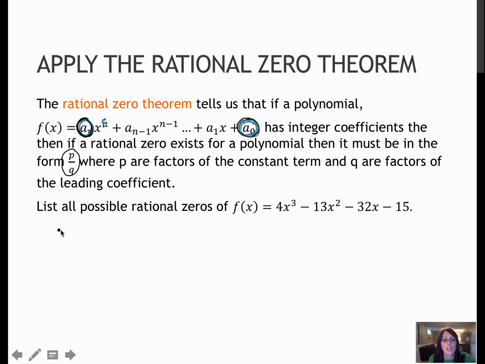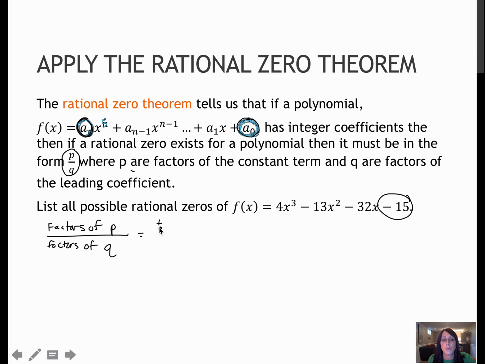Let's find factors of p, and let's find factors of q. So in our case, p, which is the constant term, is 15 or negative 15.